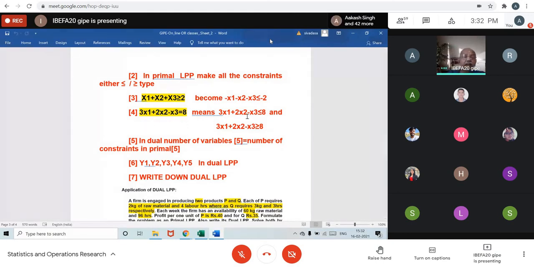Look here, 3x1 plus 2x2 minus x3 equal to 8. So that can be written as less than or equal to as well as greater than or equal to.